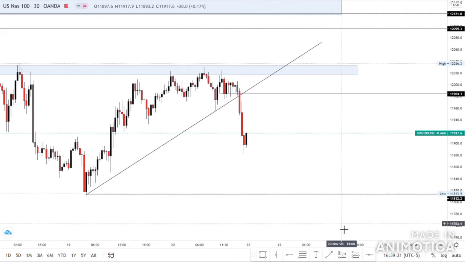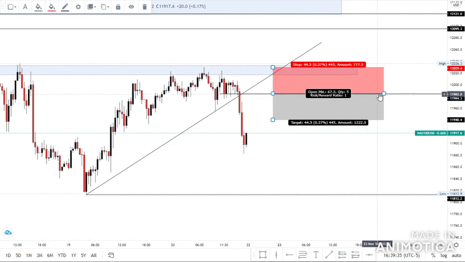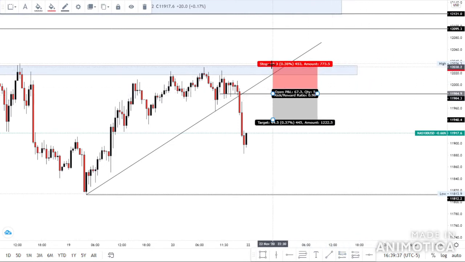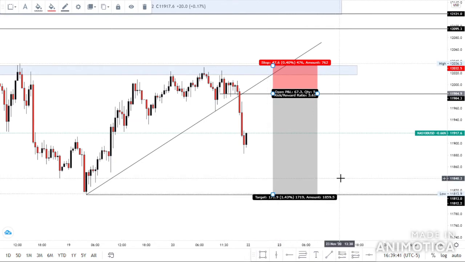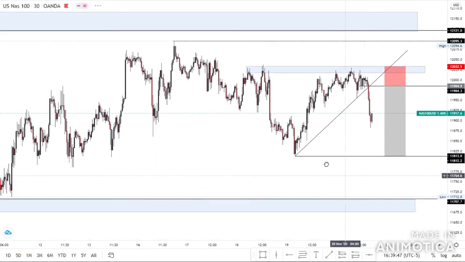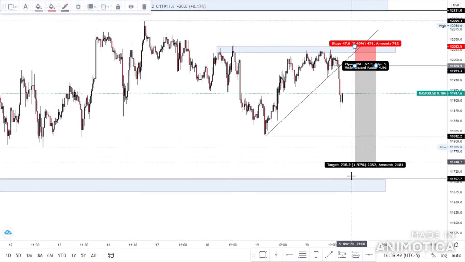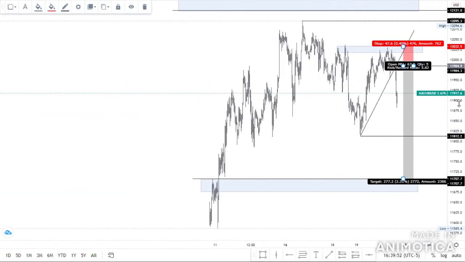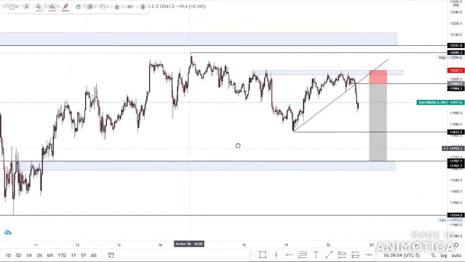Then you can obviously wait for a retest up here. All right, stop loss just right above the highs, and then your first target would be the start of this trend line. Okay, then if you want to hold, obviously you can hold until this next zone.